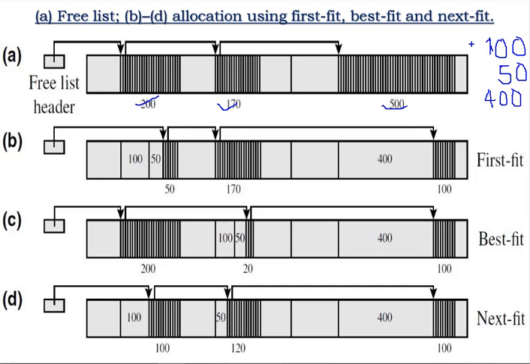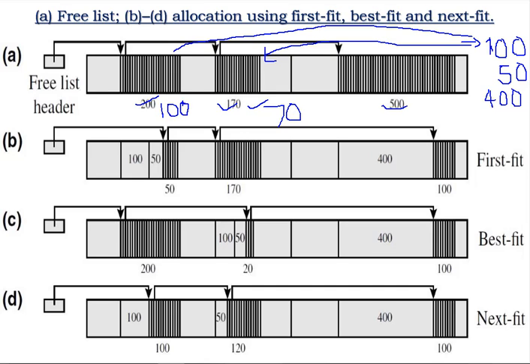Check now: if the first process in the queue requires 100 bytes of memory, it will first check the first block, which has 200 bytes of free memory. It can allocate 100 bytes to the 200 easily. But we also have the second block of 170 bytes. If we allocate these 100 bytes to the 170, we will be left with 70 bytes, whereas in the first block we would be left with 100 bytes.